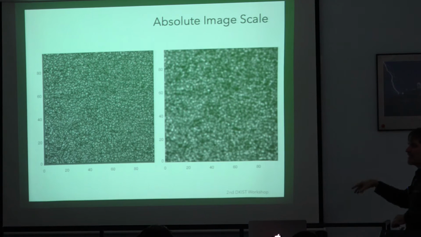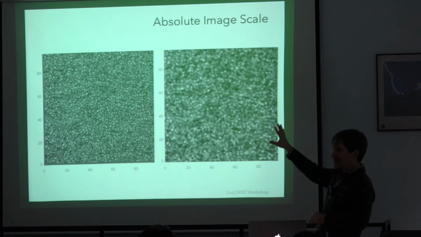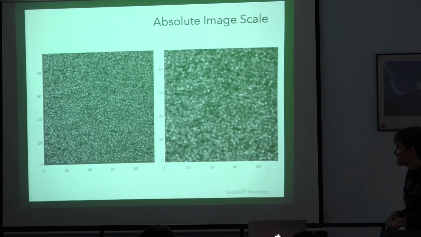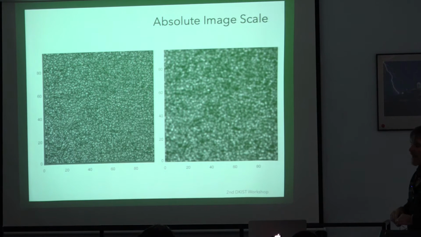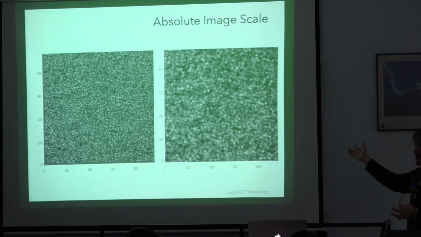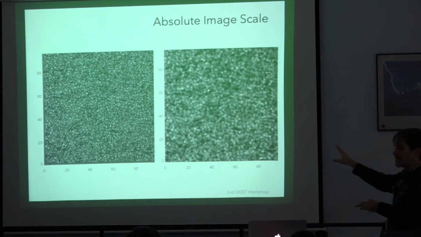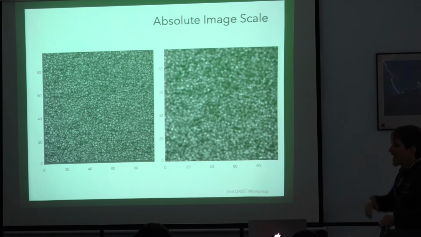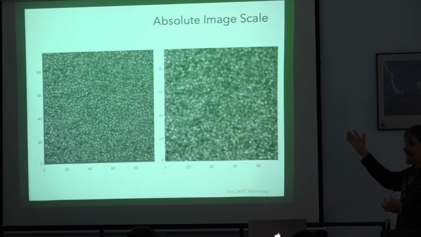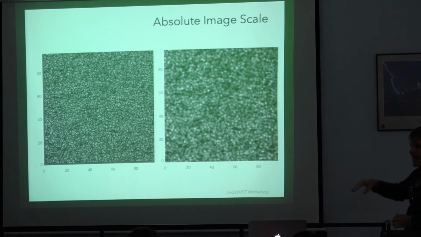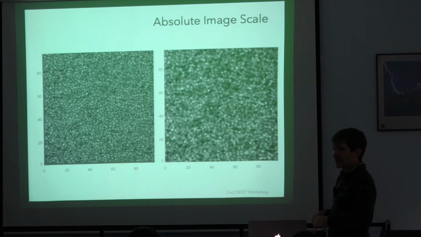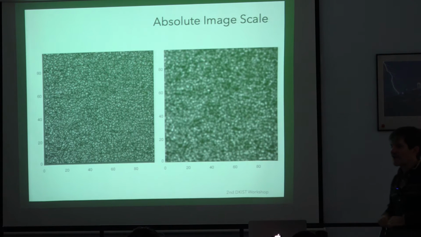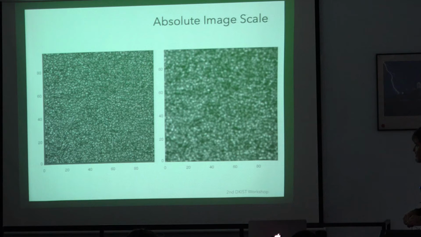And this we just need to do once really and make sure our dot grid scale is accurate, but we can map to HMI, and we know what HMI's plate scale is to some level of accuracy, but at least it's a sort of standard reference. We can map our image to that and calculate what the plate scale is with respect to HMI, and so get an absolute calibration of our image scale.